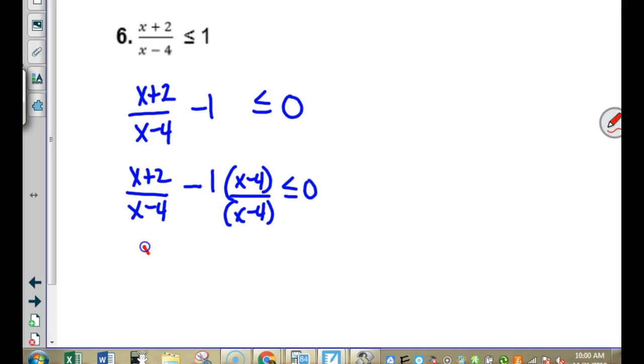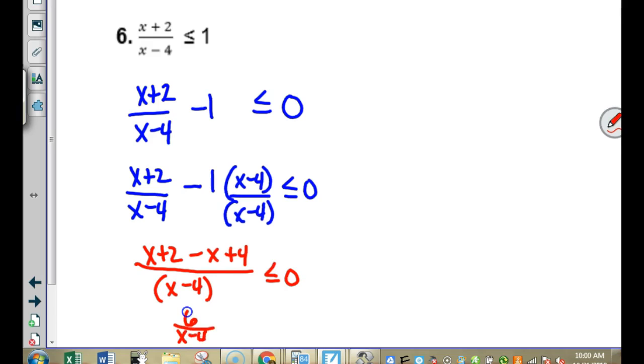Interesting. What happens? So I just have a 6 over an x minus 4? So apparently the only place it's going to change sign is at positive 4, right? Okay.